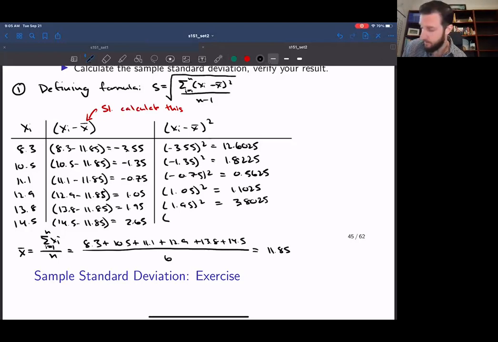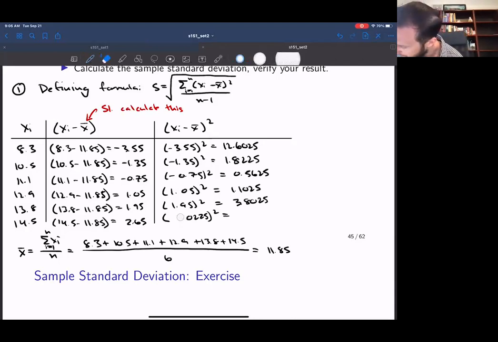And then 2.65 squared is equal to 7.0225.